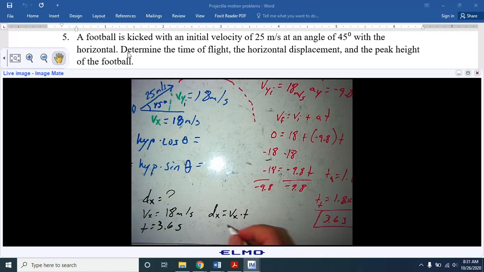So I have 18 times 3.6, which turns into a dx of 65 meters per second. Or not meters per second, sorry, just meters.